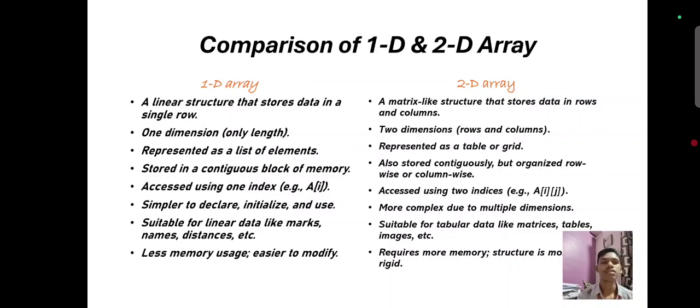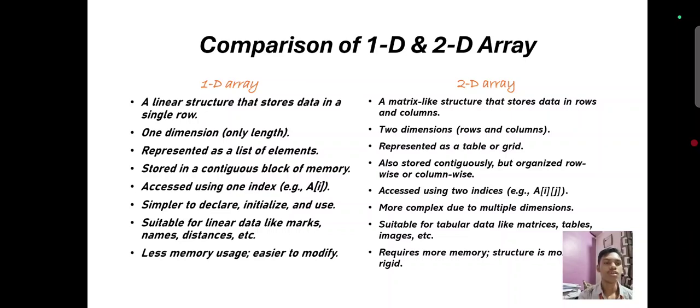A 2D array is a matrix-like structure that stores data in rows and columns, two-dimensional, represented as a table or grid. Also stored continuously but organized row-wise or column-wise, accessed using two indexes.